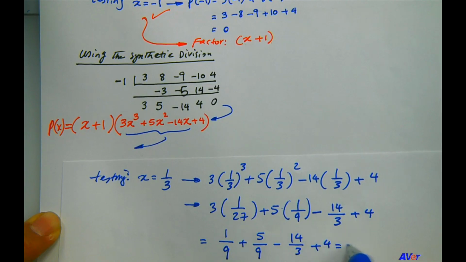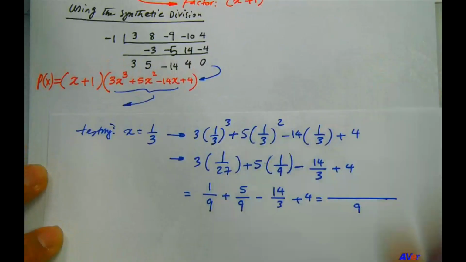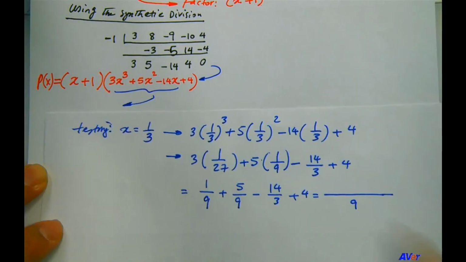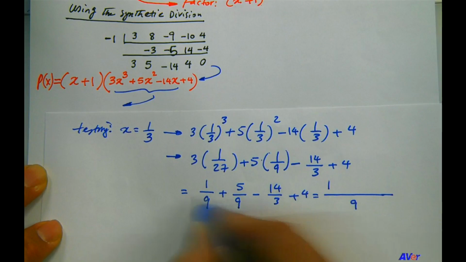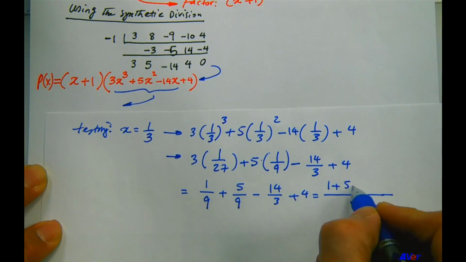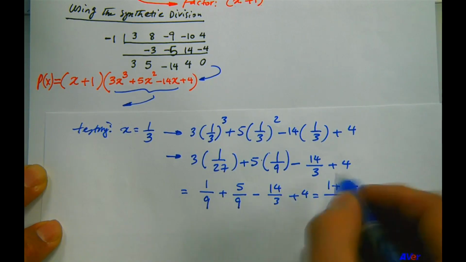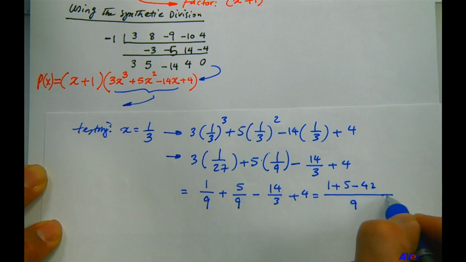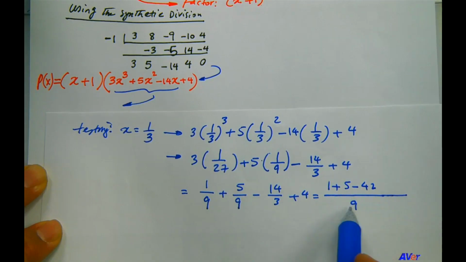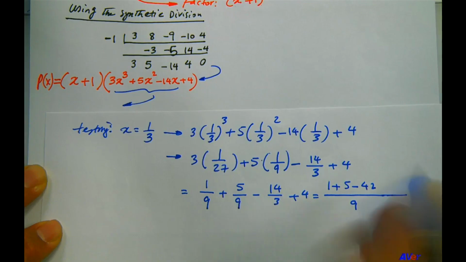Okay, let's see. We have 9 as the common denominator here, so we have 1 plus 5 minus 42 plus 36, right?